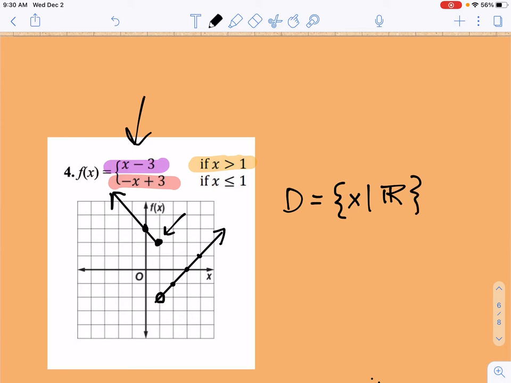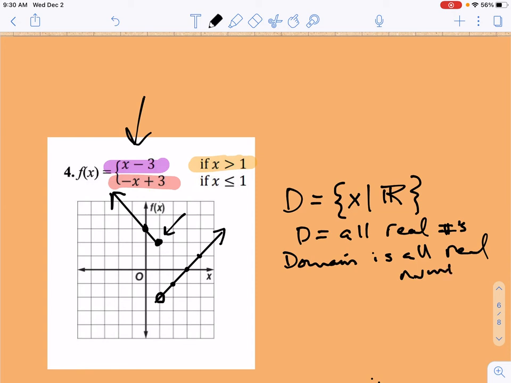That's how you write all real numbers in this. Another way you could write is you could say D, and you could just say all real numbers, and then I usually use the pound sign for numbers. Or you can just say domain is all real numbers. They're all okay because they're all demonstrating that you understand what the domain is.